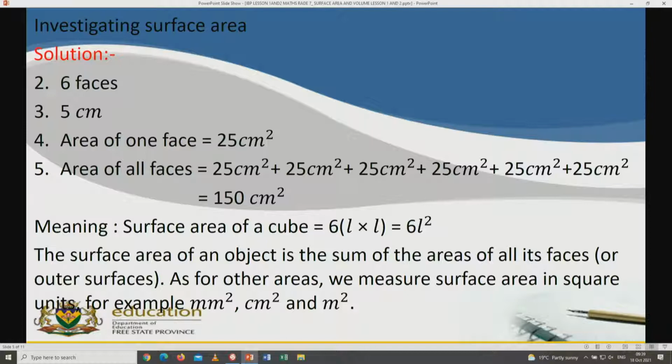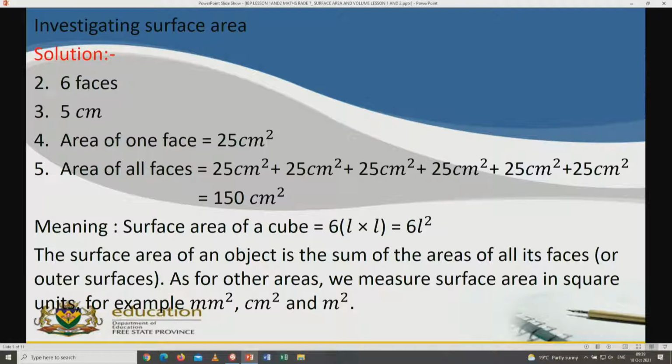Now, if we want the area of all the faces, we said it will be all the 6 25s added together, and then we'll end up with 150 centimeter squared.